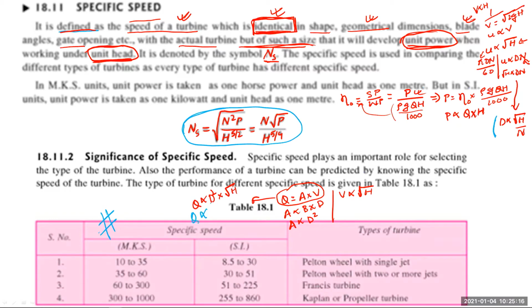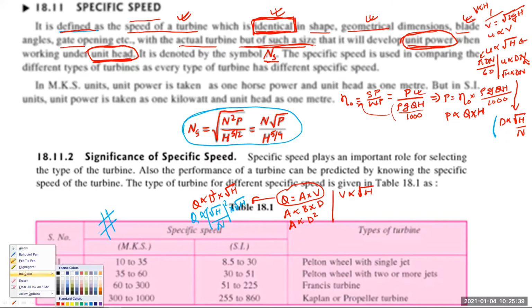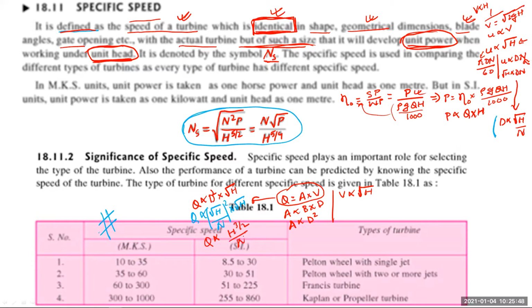Q is directly proportional to D square, so root under H divided by N, whole square, into root H. So from here, the square term is coming, so Q is directly proportional to H into root H. It will become H raised to the power 3 by 2 divided by N square.